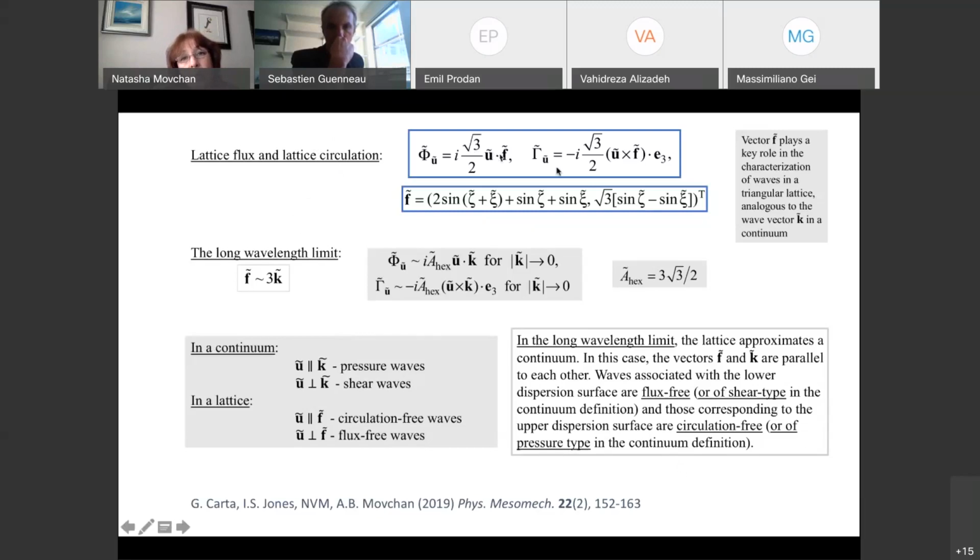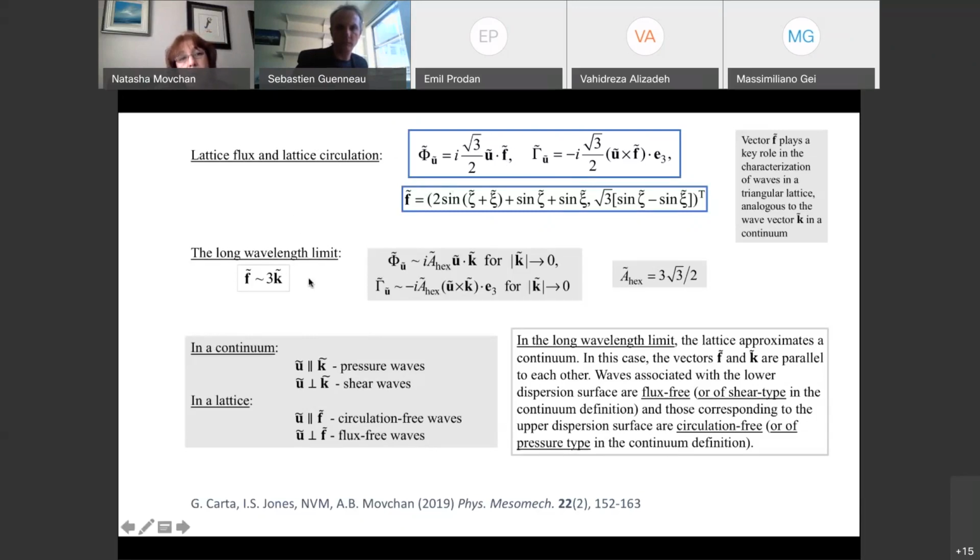We wrote down the representations for these two quantities, which involve the vector f. This is the vector which we are going to use to characterize the waves in a triangular lattice, analogous to the wave vector k, which is used in a continuum.